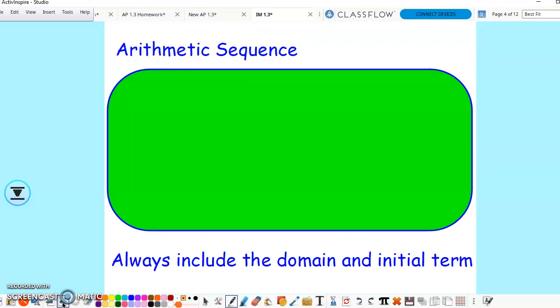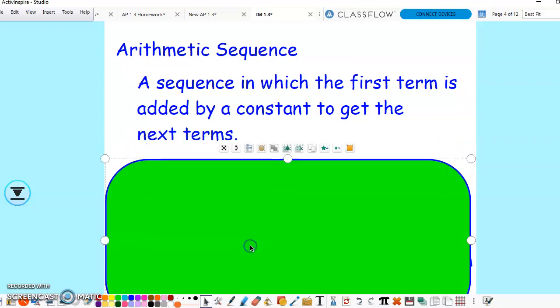So that leads us to our arithmetic sequence. Where geometric is defined by multiplying, an arithmetic sequence is a sequence in which the first term is added. So if you're writing in your notes, arithmetic sequence, I would highlight added by a constant. It has to be a constant value each time.